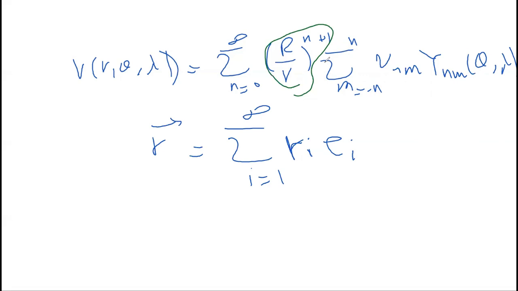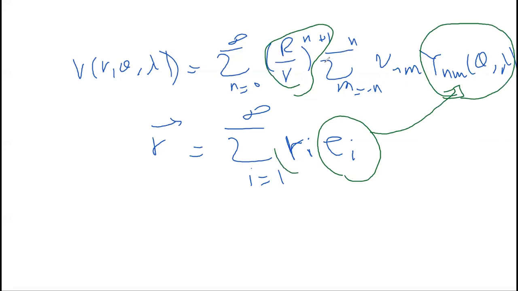And the rest here is a scale factor. This E_i is equivalent to this one, and R_i is equivalent to V_nm. This is in fact V_nm.